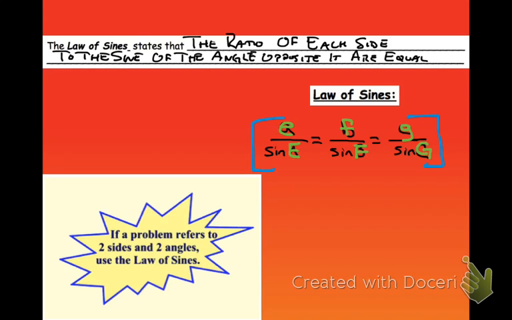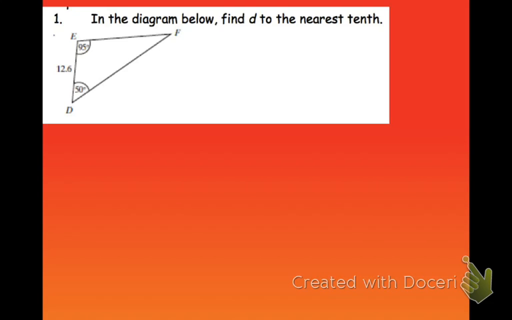So looking at an example here. In the diagram below, find D to the nearest tenth. So if we're looking for angle D, we need to have an angle side pair. So you'll notice that they only gave us E and D, but you can figure out F, because the sum of the angles in a triangle is 180.